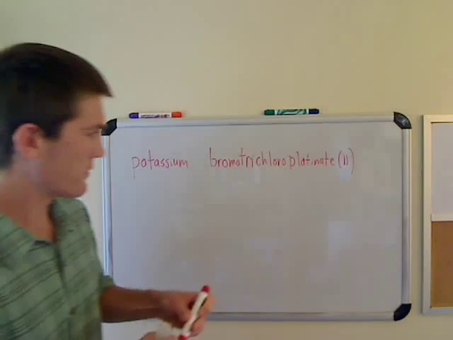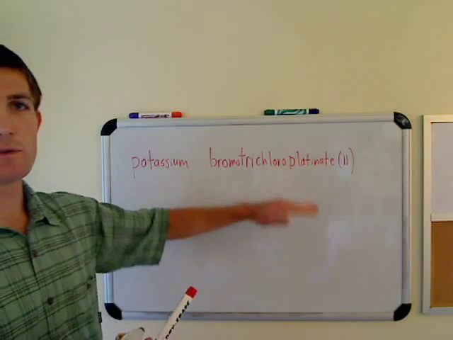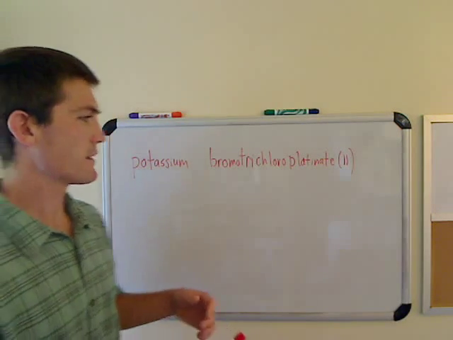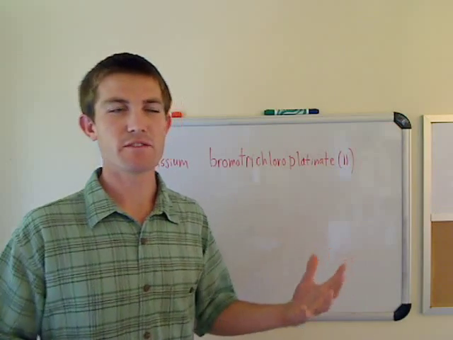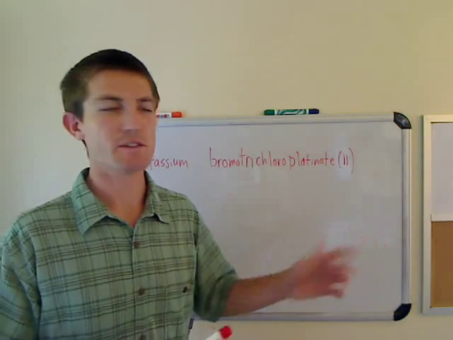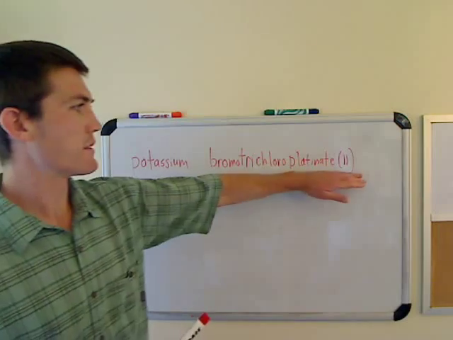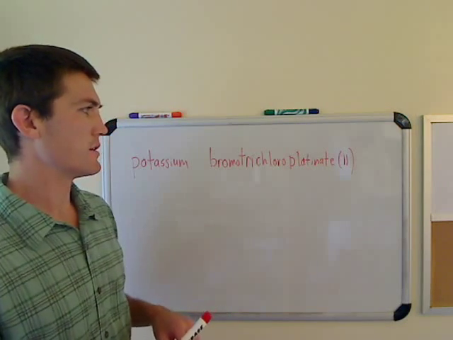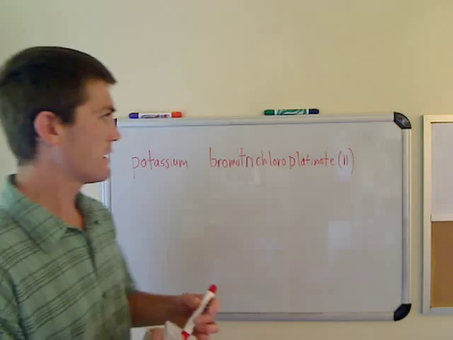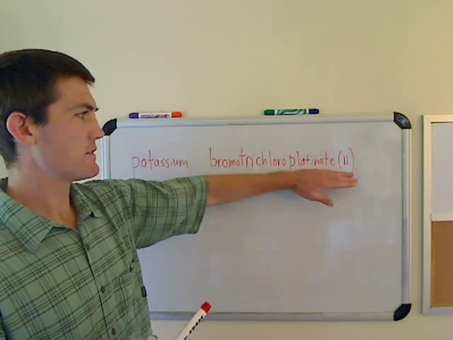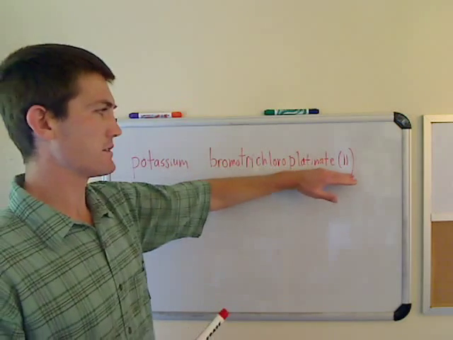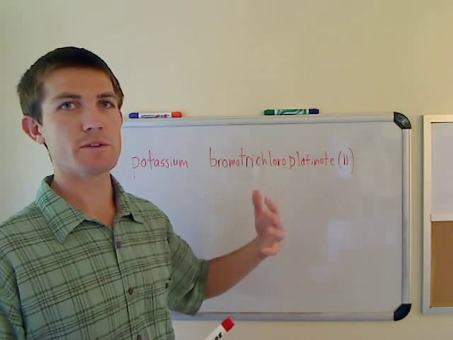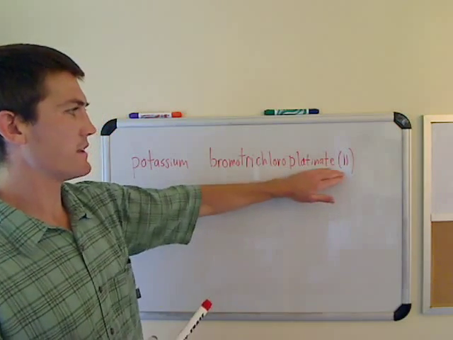And so when going from a name to a formula, the best way to think of it is that we use our rules in reverse. So let's start with the metal in this case. Platinate tells us that our complex ion is going to be negatively charged because we added this -ate to it.